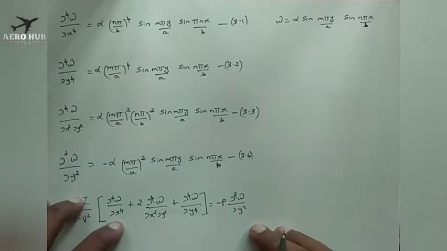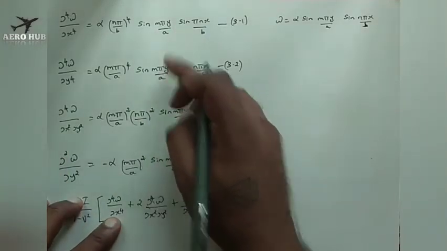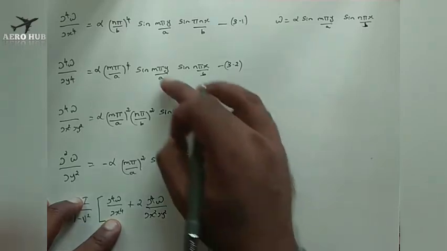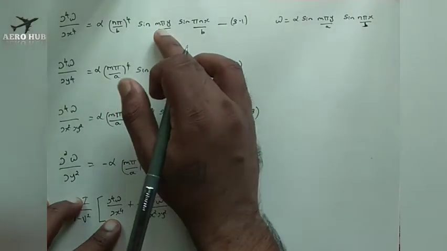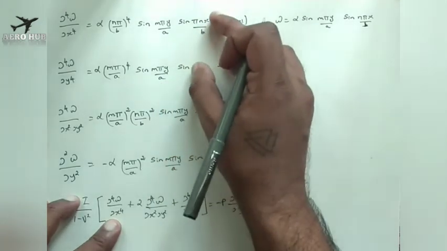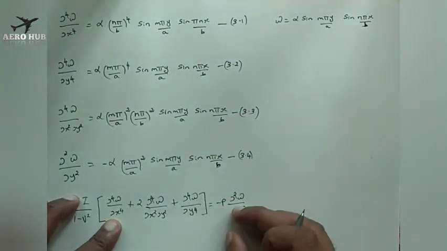We can see in this equation we have sine terms on the right hand side as well as the left hand side. I can take this term, sin(mπy/a) sin(nπx/b), outside and cancel it from both sides.